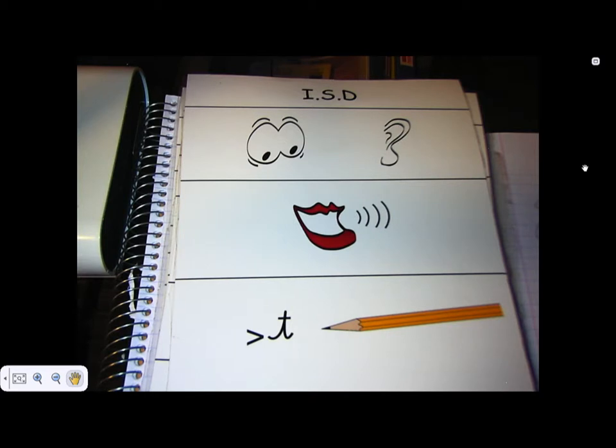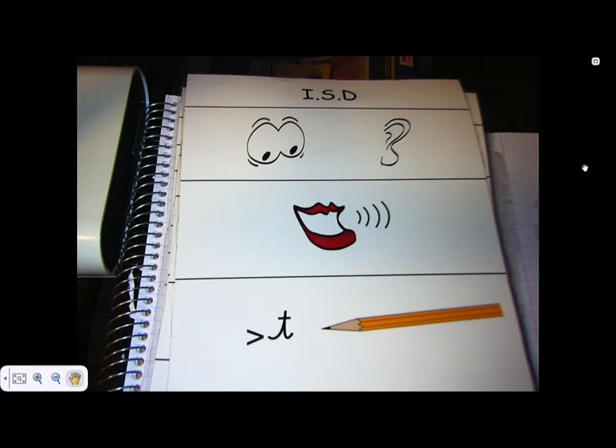Echo, name, write. Echo, name, write. Echo. Name. Write.